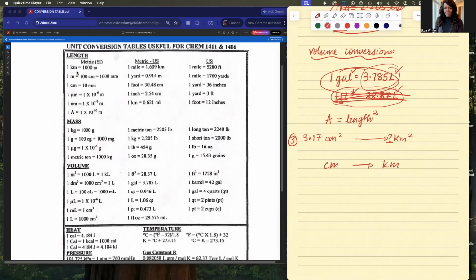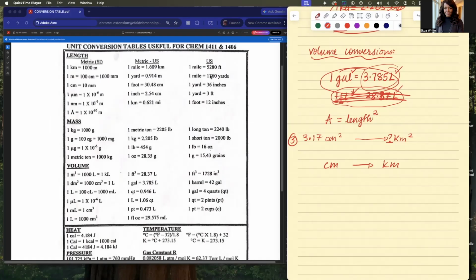So let's see if we have a centimeter to a kilometer. We have 1 kilometer is 100 meters. We have 1 meter is 100 centimeters. Do we have a centimeter and kilometer conversion? I see another centimeter here, I see a kilometer here, another kilometer, a mile.